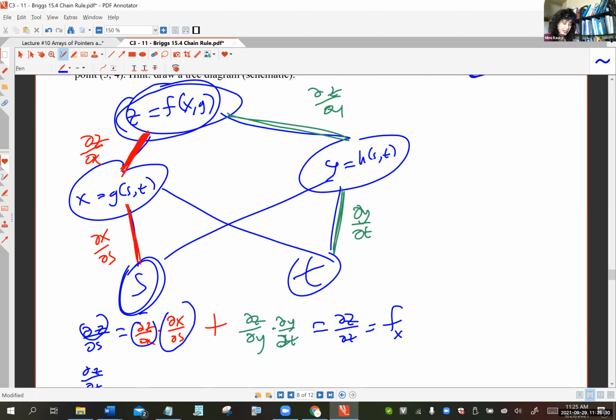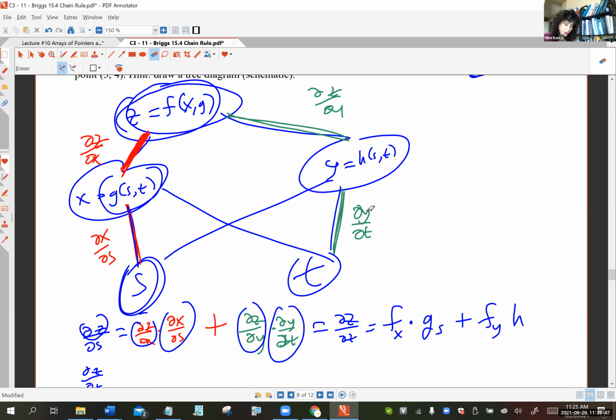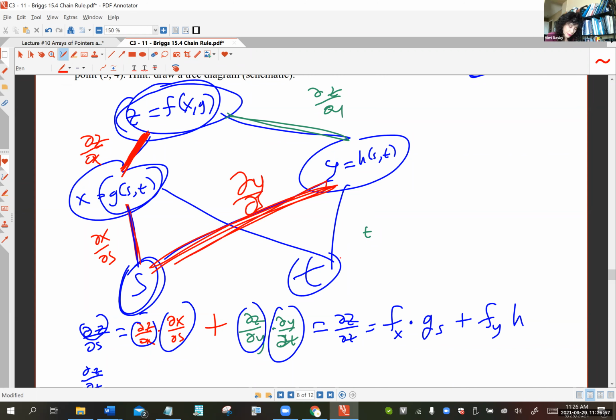So that's the same. dx/ds has another name because x is referred to as g. That's g subscript s. Take the partial of g with respect to s. And then dz/dy, we can call that f_y. And dy/ds, we can call that h_s. And I screwed up here. I apologize. You guys didn't say anything. Aha! I was testing you. Since we're taking the derivative with respect to s, this should be dy/ds. My bad, sorry. And so that's going to be h_s.